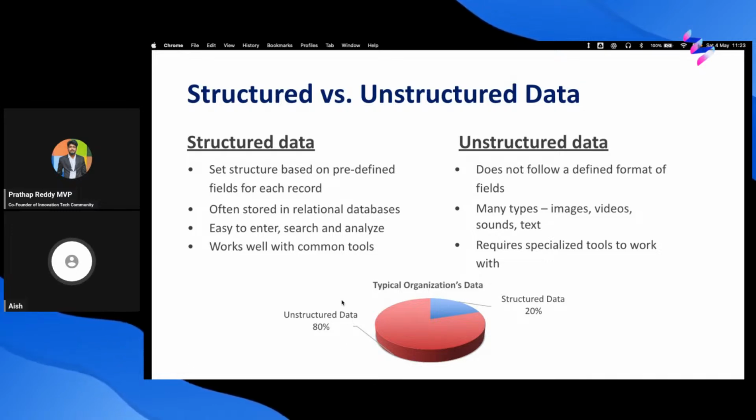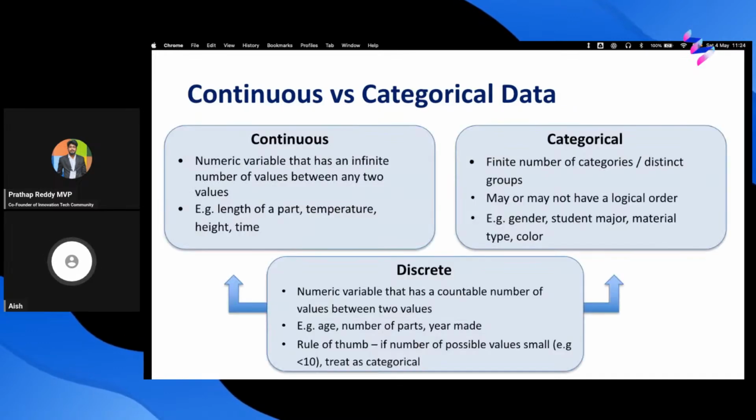So this is what we mean by structured and unstructured data. Structured data is very easy to enter, search, and analyze because it's all text and it falls into clear buckets. Whereas to search unstructured data or to do any sort of data analysis on it requires specialized tools. So this is what you should know about structured and unstructured data.